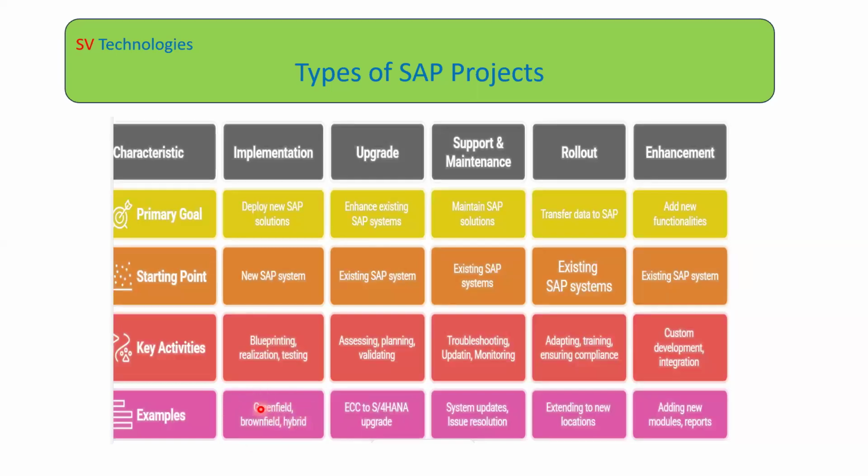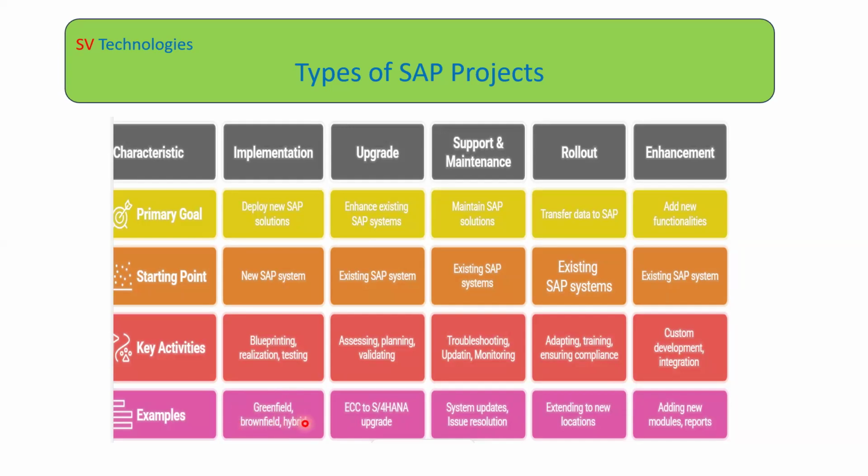Greenfield means it will start from scratch. Brownfield means, for example, they are already using some other ERP system, some SAP system, and they want to start from there, then it will be called a brownfield project. Sometimes it is a combination of both.